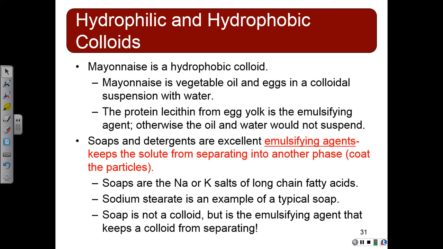The egg is what keeps the oil and water together. Otherwise they're going to be separated because one's polar and one is nonpolar. So the mayonnaise as a whole, the whole container, that is your colloid. But the egg is the emulsifier, or the emulsifying agent.